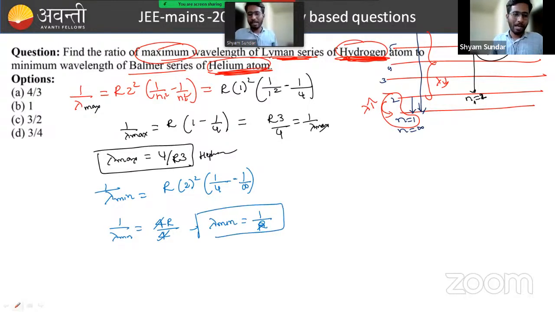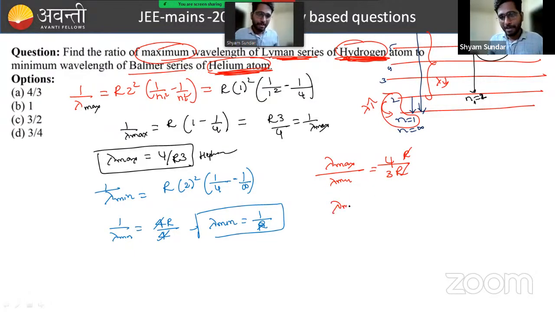But they are asking to find the ratio of lambda maximum to lambda minimum. Look, lambda maximum to lambda minimum equals lambda maximum, 4 by 3R, over lambda minimum, 1 by R. R will go upside, hence these two terms will be cancelled.